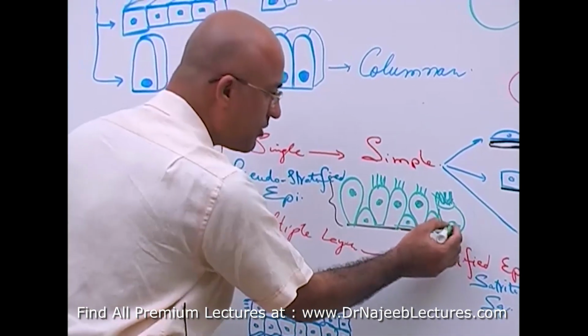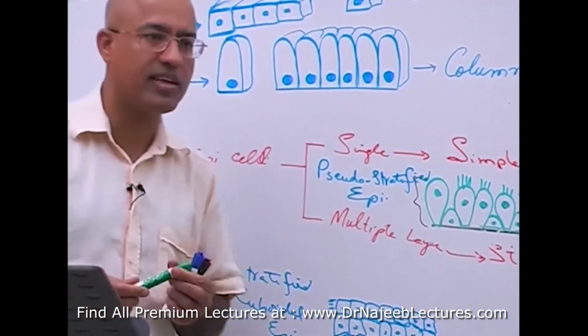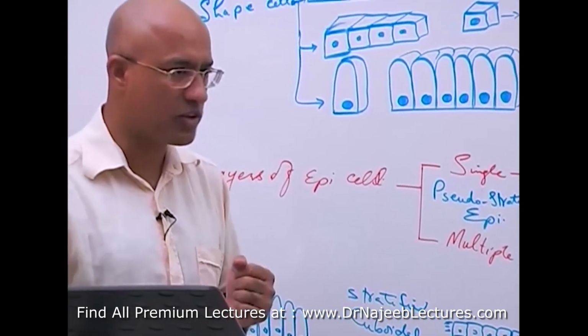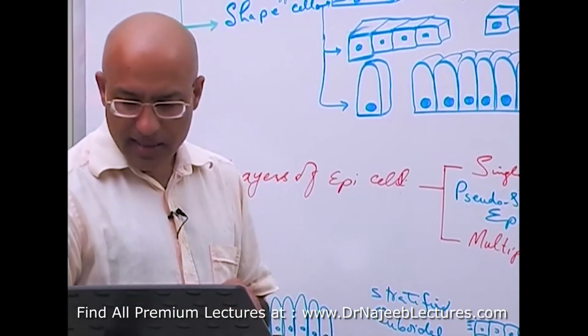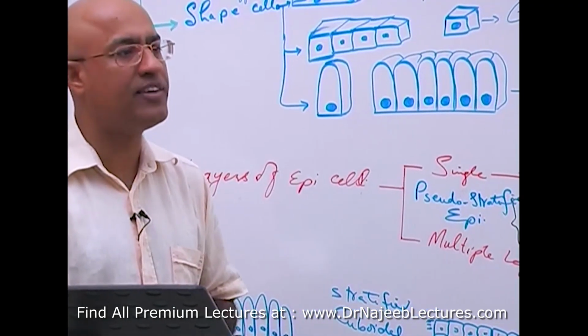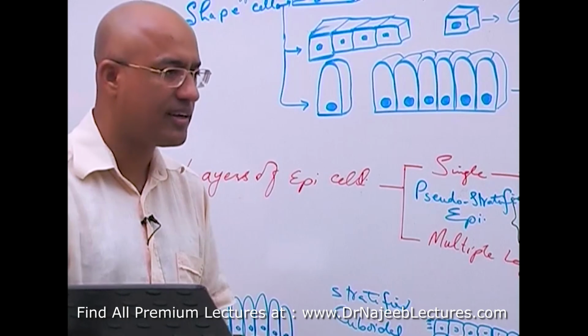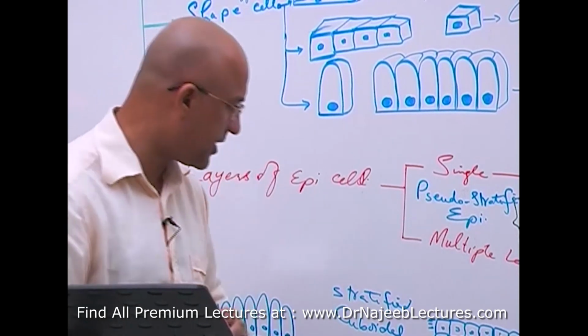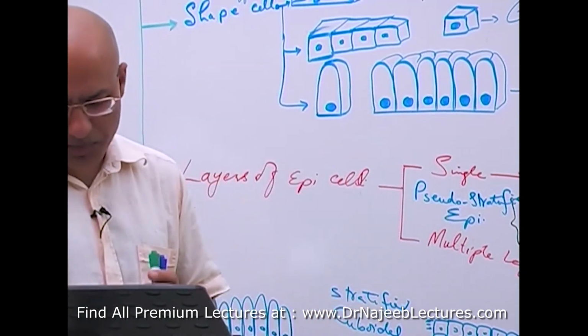These are the special features of pseudo-stratified epithelium present in airways and the respiratory system. Then pseudo-stratified epithelium is also present in the epididymis. Epididymis is in the males, right? Do you have any question up to this?